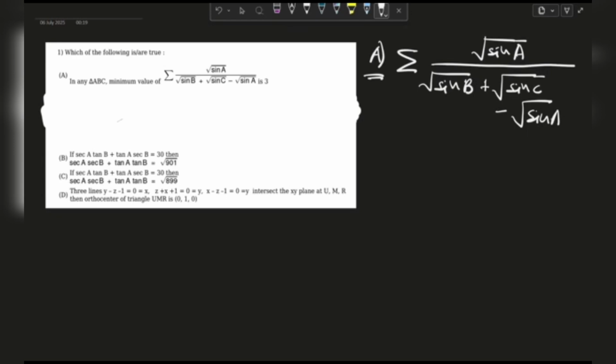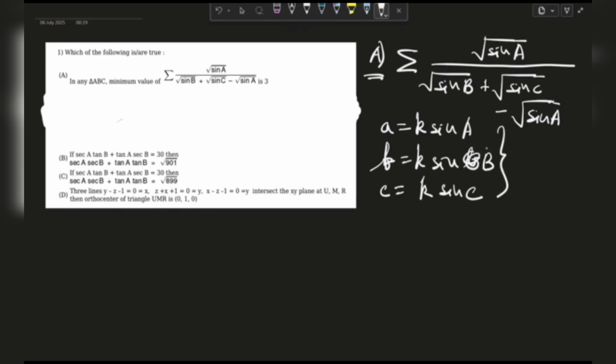Now I want to get rid of these sines, so we will quickly make a substitution. Let small a be k sine A, small b be k sine B, and c be k sine C. This was capital B, I'm sorry.